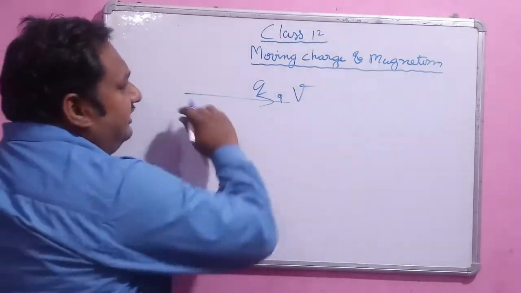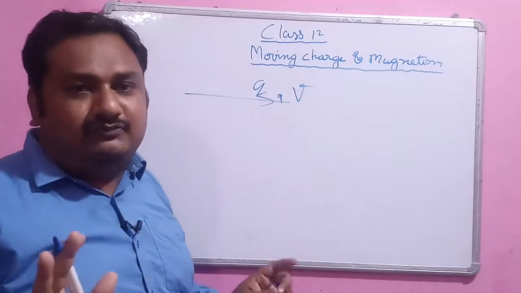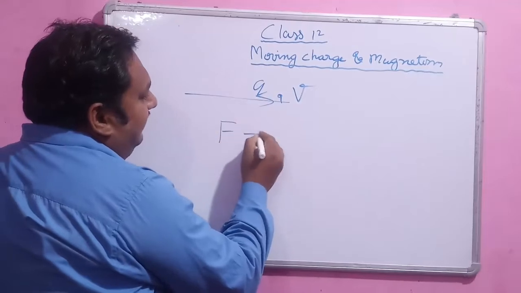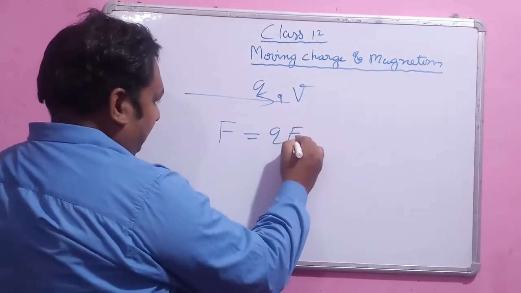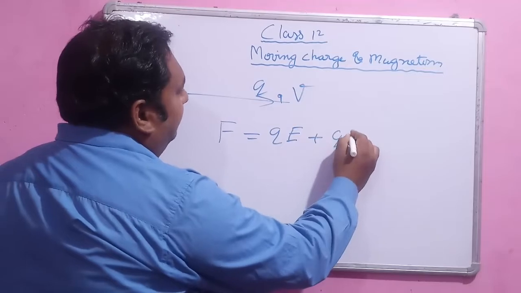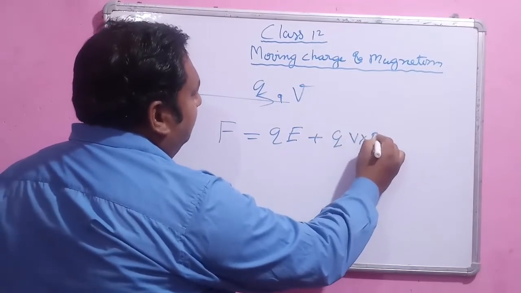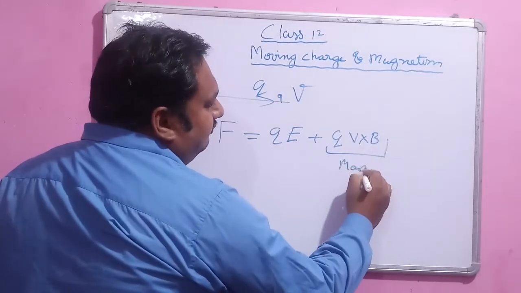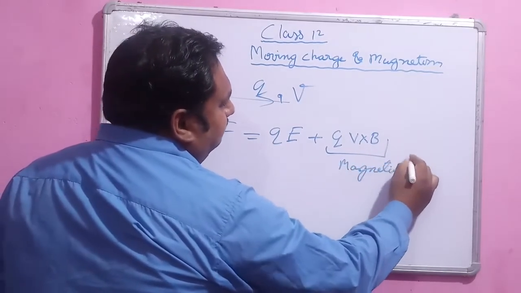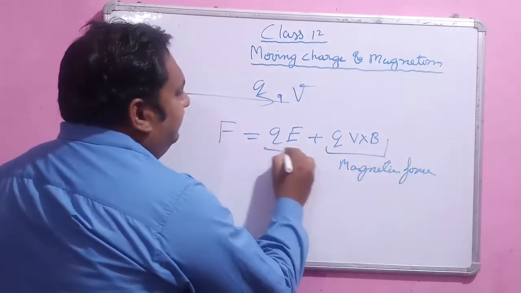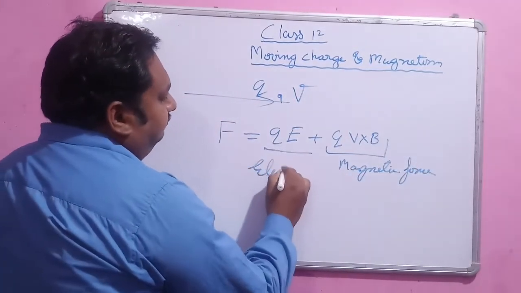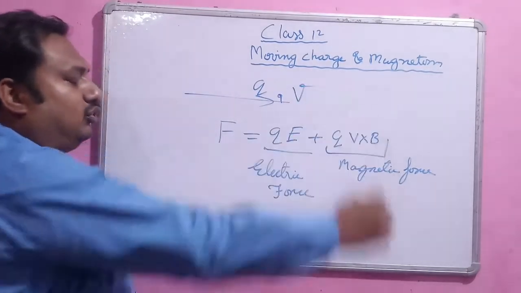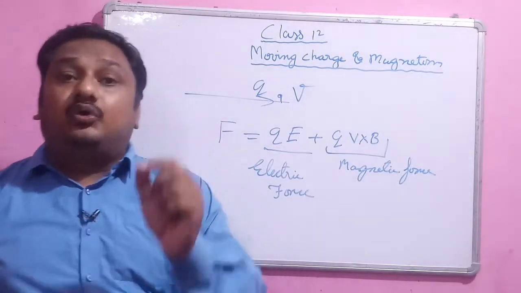The magnetic force is Q V cross B, and there is also the electric force. The combination of both these forces is known as the Lorentz force.